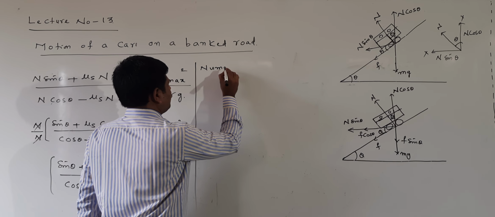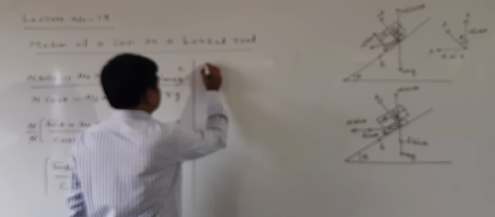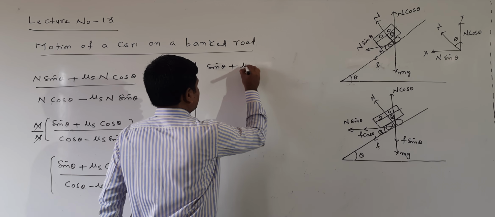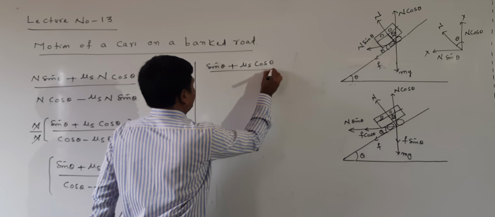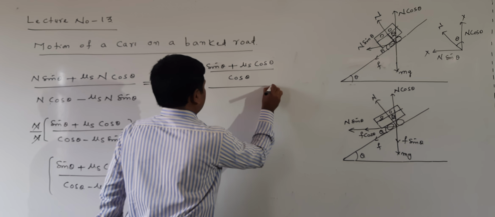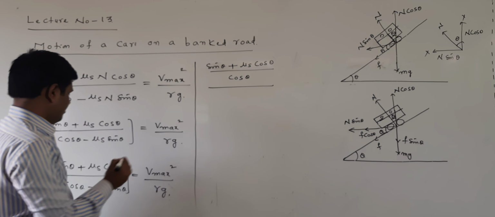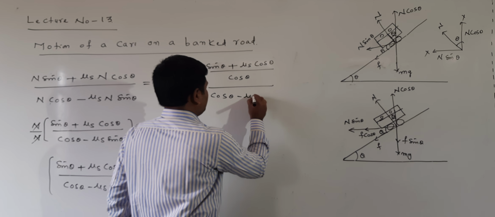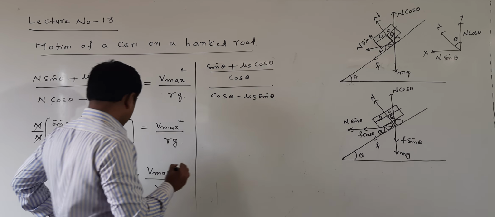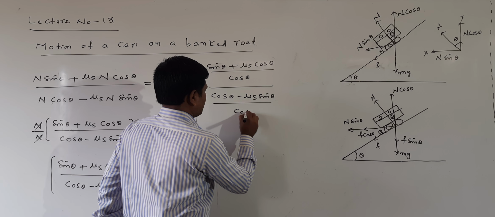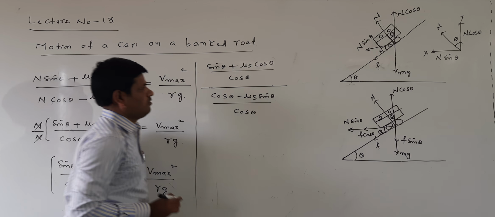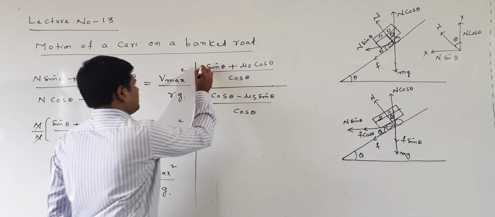So the numerator is sin theta plus μs cos theta, and the denominator is cos theta minus μs sin theta, all divided by cos theta.